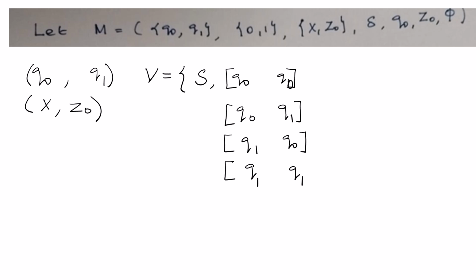These can be taken for the stack symbol X. That is, we now have the variables Q0 X Q0, Q0 X Q1, Q1 X Q0, and Q1 X Q1. All these form variables in the grammar.